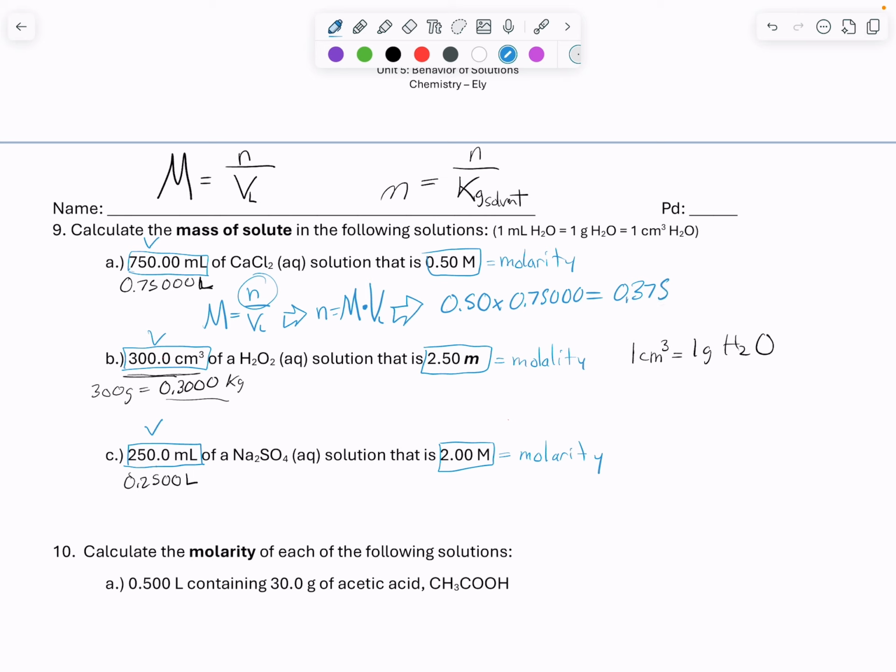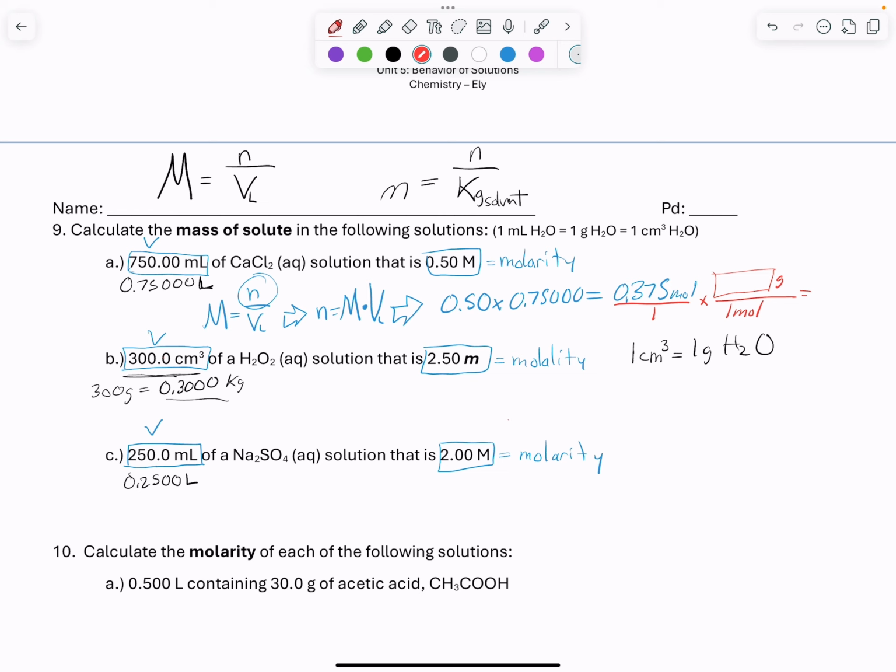Not done yet, because this is moles. I'm going to multiply it by its molar mass, so I've got to find the molar mass to get the final answer.